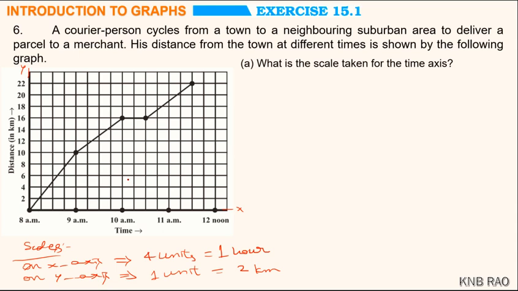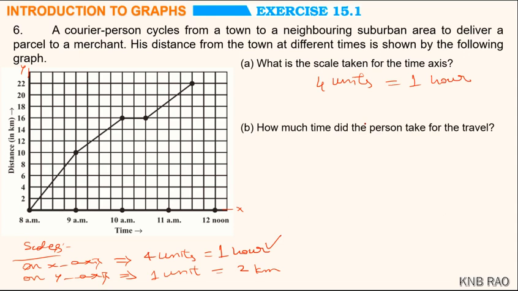They have asked questions. What is the scale taken on the time axis? We have already shown. Okay, 4 units equals to 1 hour. Okay, then another question. How much time did the person take for the travel?